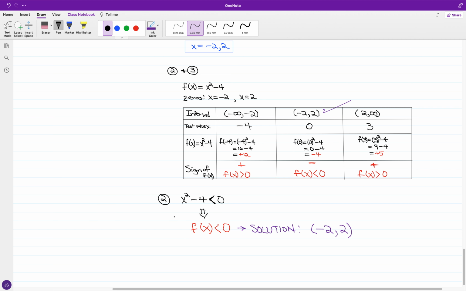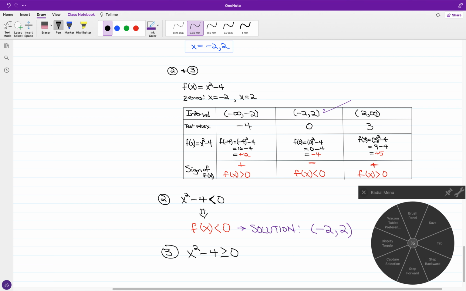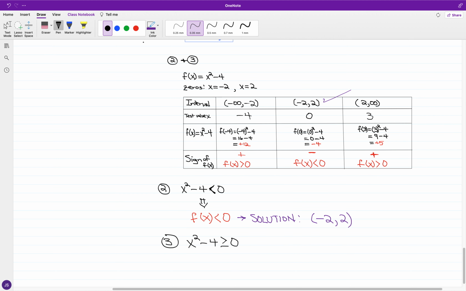And for the case of x squared minus 4 greater than or equal to 0, we'll be making reference this time to f of x greater than or equal to 0.